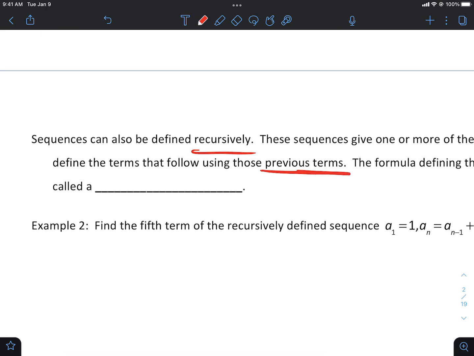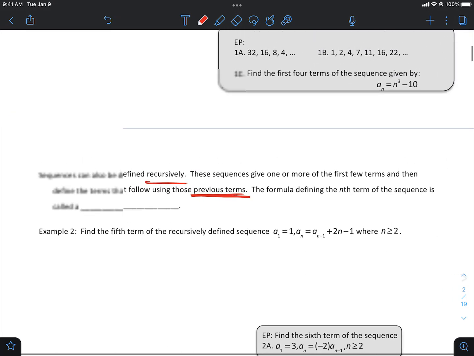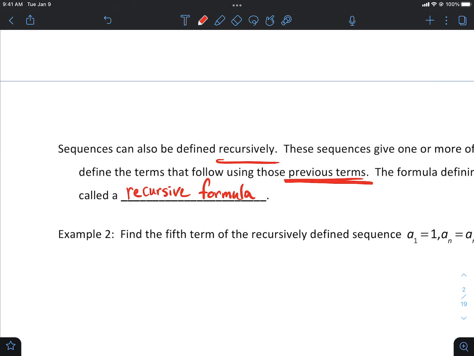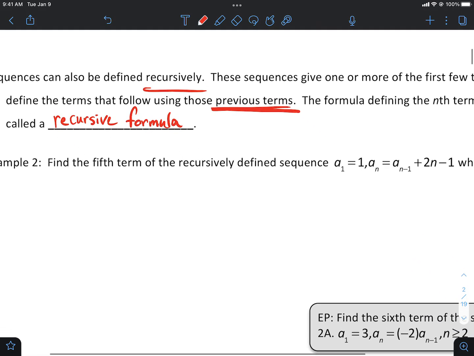You use the previous terms to find the next terms. The formula for deriving the nth term of a sequence is called a recursive formula. Okay, or sometimes you might see a recursive relation, but recursive formula is good there.